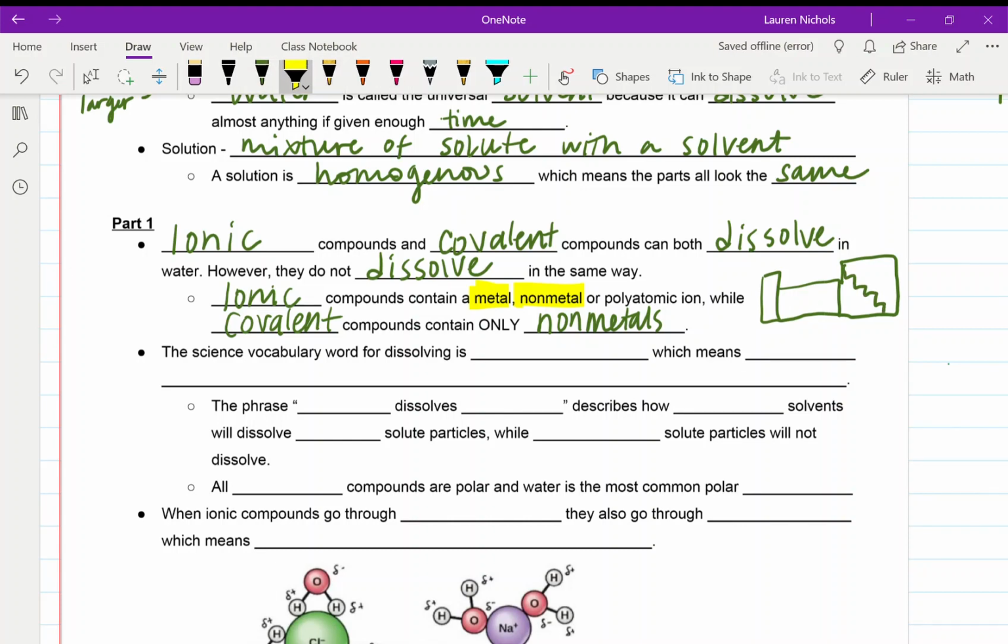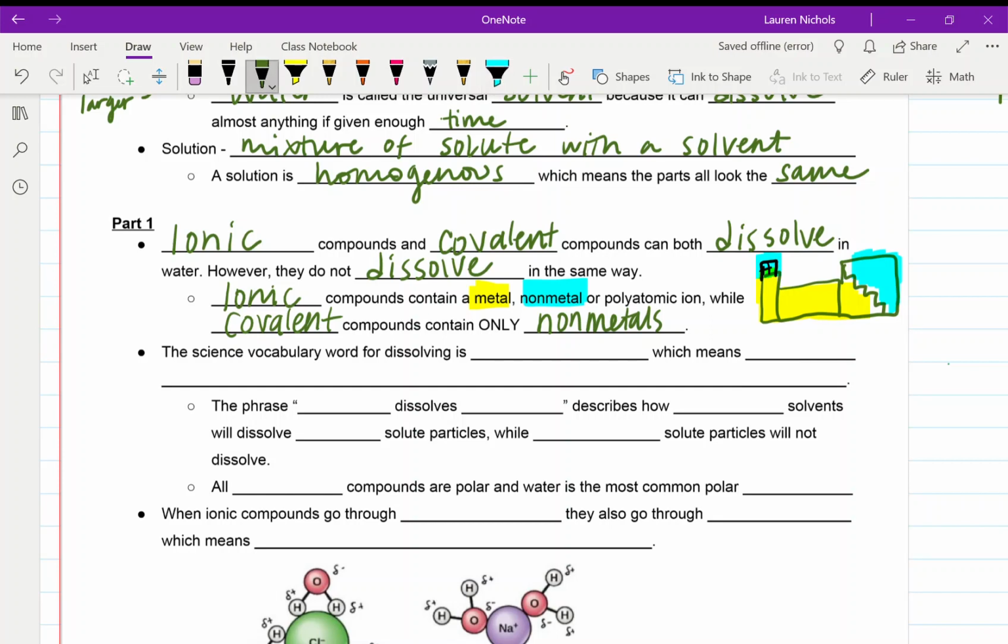Anything on the left side of the staircase is a metal. I'm going to highlight nonmetal in blue, because anything on the right side of the staircase is a nonmetal. Now, the great exception is over here we have good old hydrogen, and hydrogen is actually a nonmetal. So it's the one that kind of trips people up.